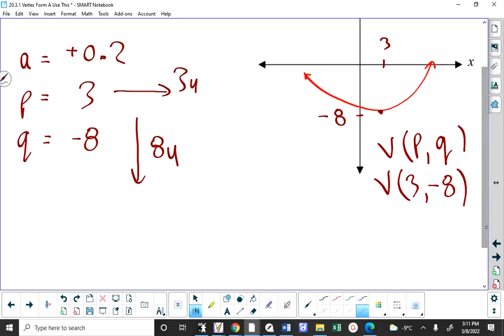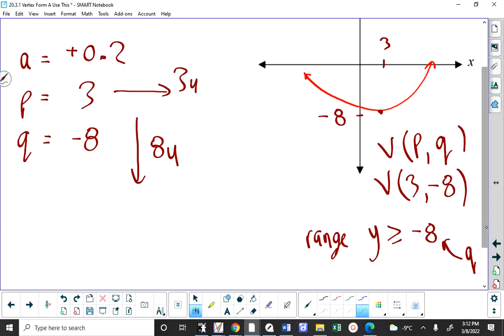I won't put anybody on the spot for some of these other things, but I want you to write down what you believe the range is. Well, in this case, it's y is greater than or equal to -8. It's greater than or equal to q.